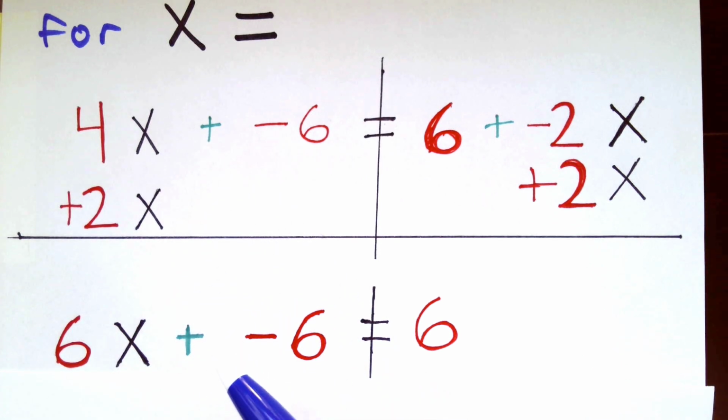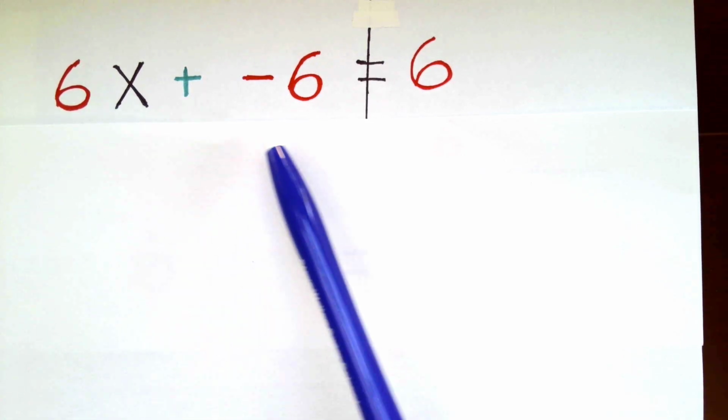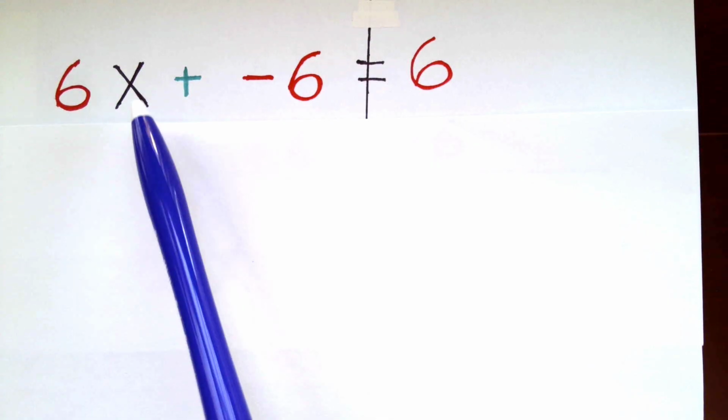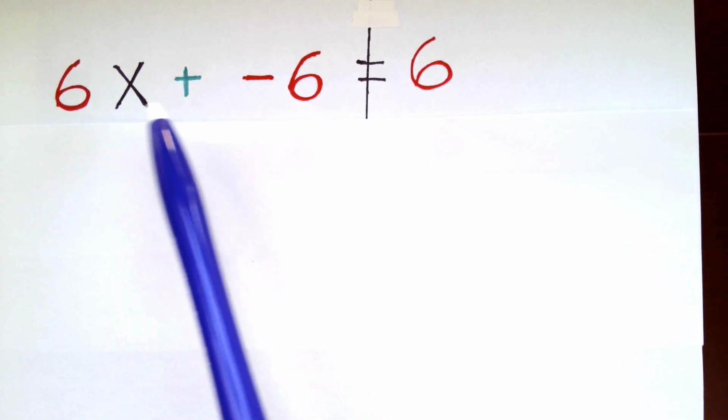Now I am 2 steps away from solving for x, right? This is now a 2-step equation. I want to bring this to your attention. We have 6x plus a negative 6 equals 6. That x represents a real number. I could substitute a real number for x.